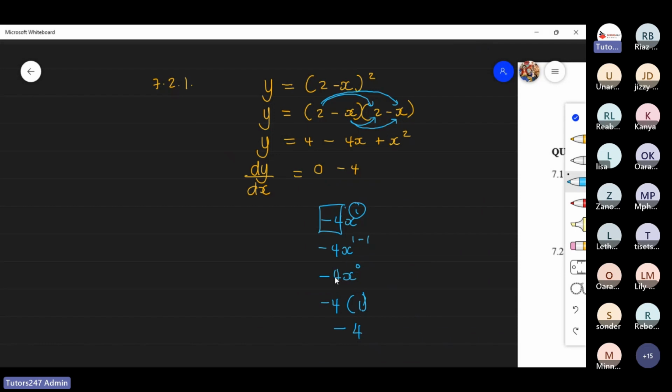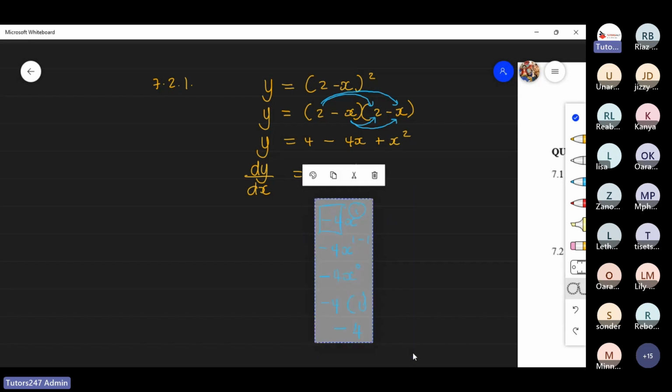Okay, so I'll repeat that once more. When you are deriving and your variable has an exponent of 1, a shortcut is to just write down the coefficient. So if you derive something that has an exponent of 1, the solution is just the coefficient. That is how we ended up with negative 4.